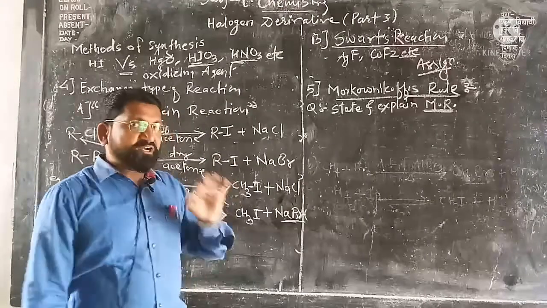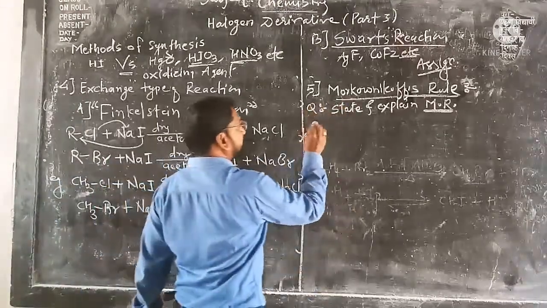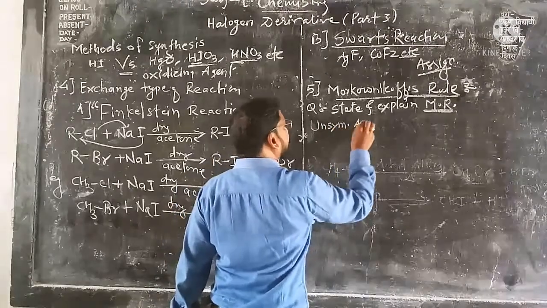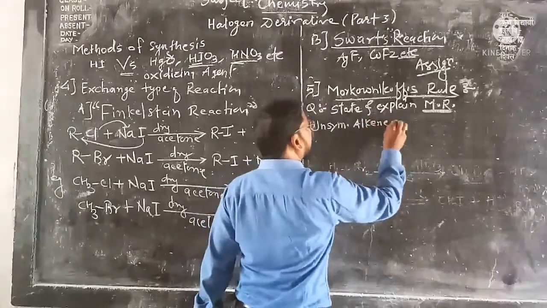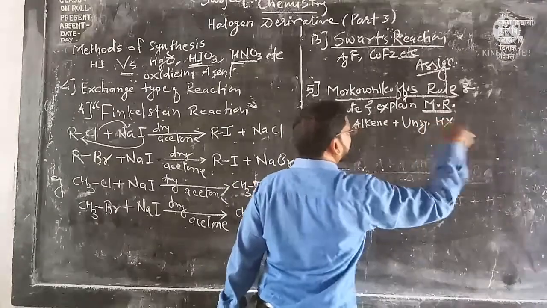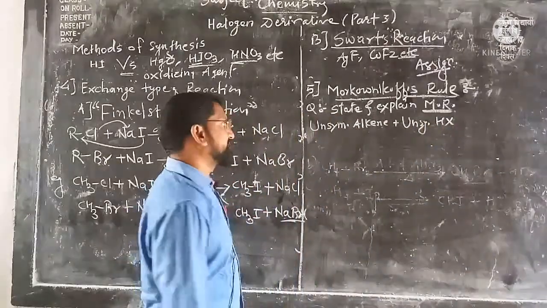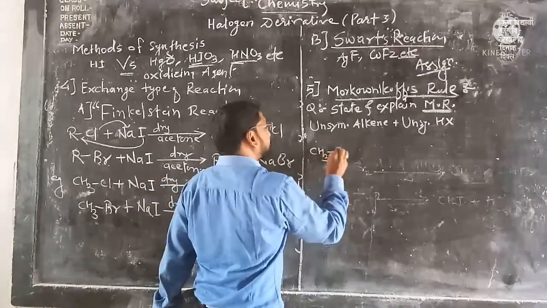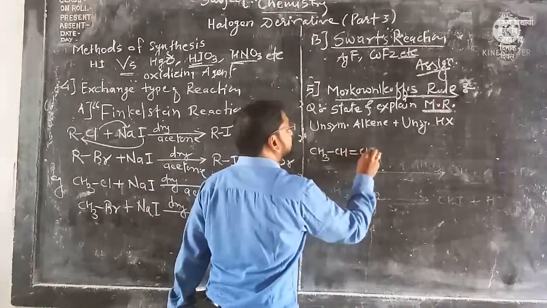So first thing you have to note down, this rule is applicable for the unsymmetrical alkene. See here, unsymmetrical alkene plus unsymmetrical HX, hydrogen halide. For example, CH3 CH double bond CH2.